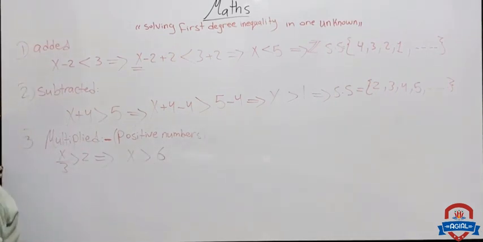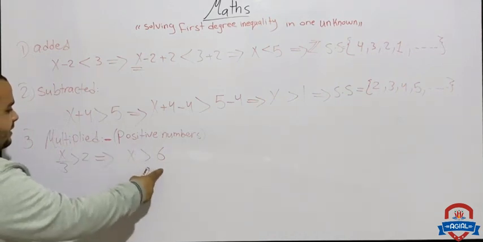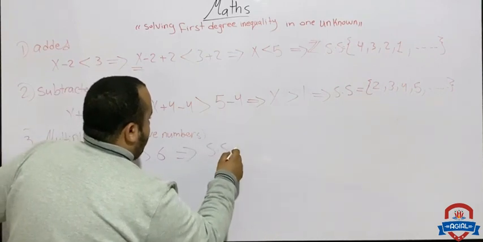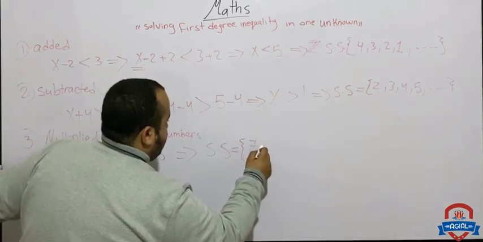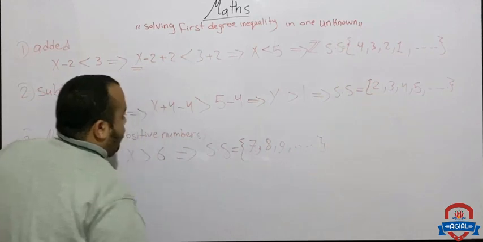So the solution of this inequality equals all numbers greater than 6. So the solution set equals the set of 7, 8, 9, and so on.